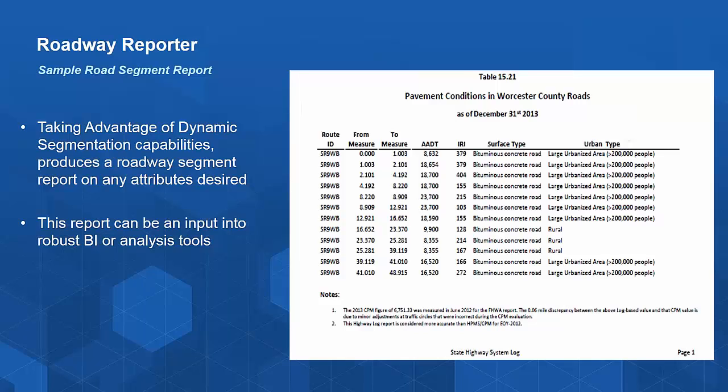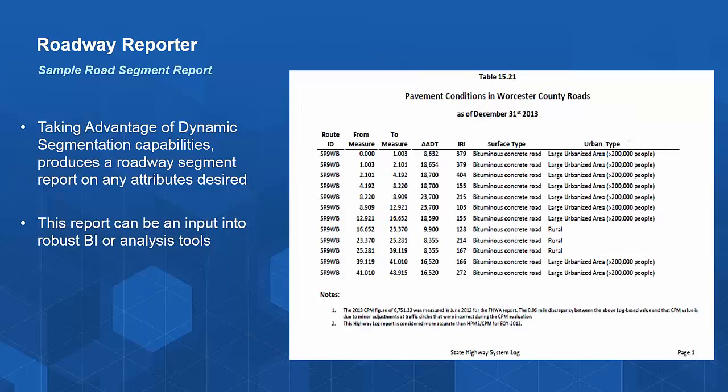So as you can see from the example for State Route 9 westbound, I can summarize the segments by AADT, IRI, surface type, and urban type. I think most of us have been in the situation where we have received a phone call wanting some specialized report. We can understand how much of this functionality of Roadway Reporter would have greatly simplified our jobs.